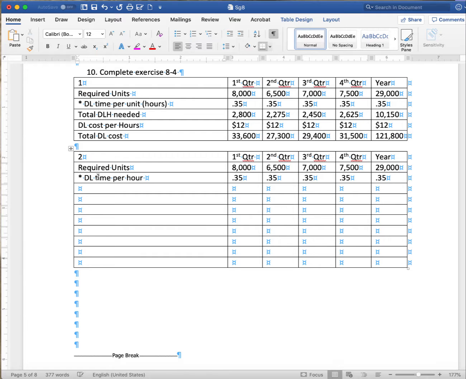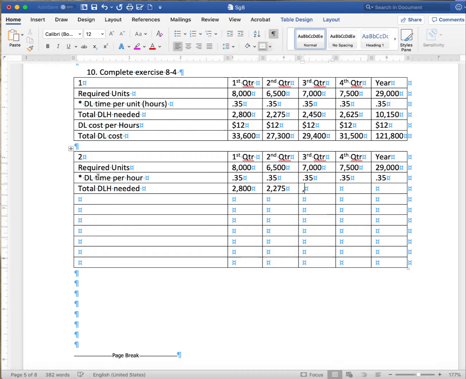Okay, good. The total direct labor hours needed, guess what? That doesn't change, right? Total direct labor hours needed. Still the same, 8,000 times 0.35 still gives me 2,800. 6,500 units times 0.35 still gives me 2,275. Third quarter, still going to make 7,000 units, still takes 0.35 hours to make it.